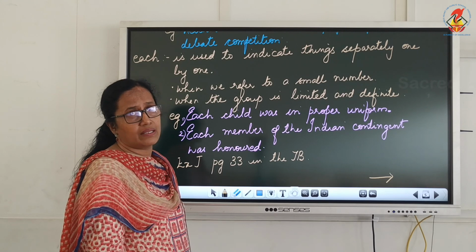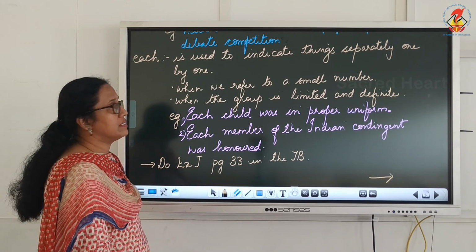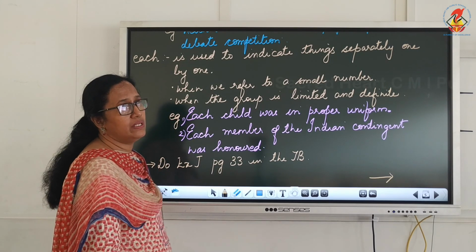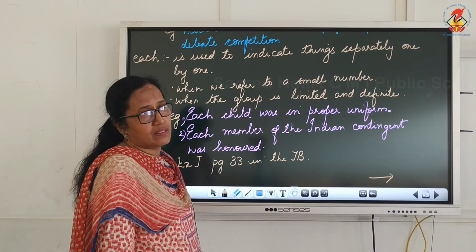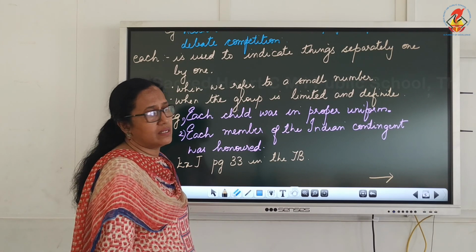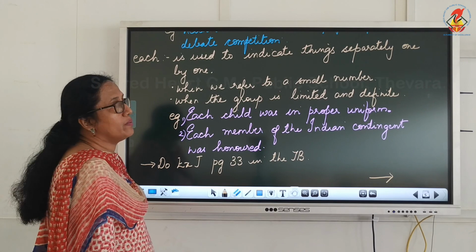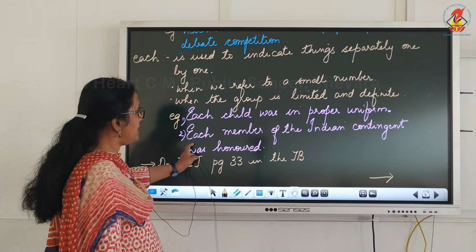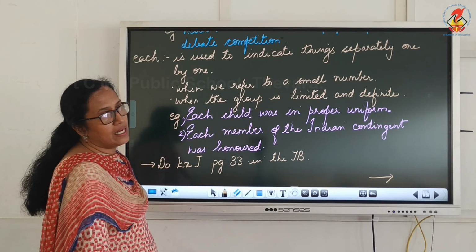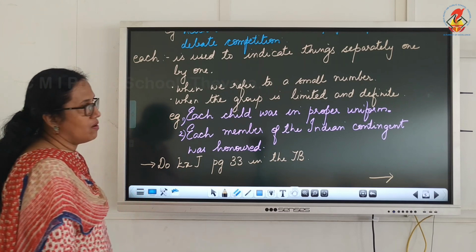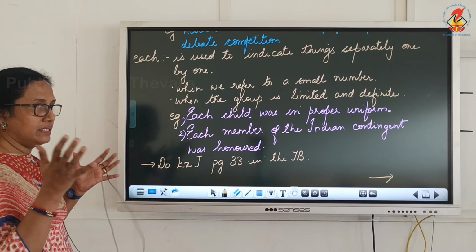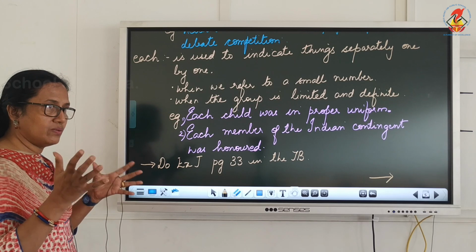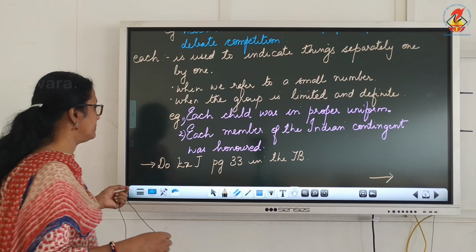We did a very good job, we came back successful, got so many gold medals and silver medals, etc. And when they returned, they were honored. So each member of the Indian contingent was honored. So here that number is restricted to a certain number, isn't it?